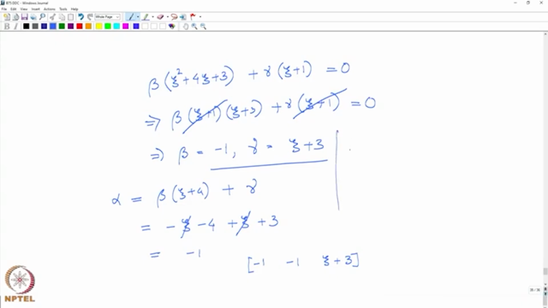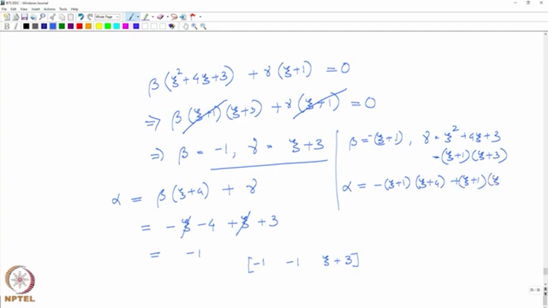Suppose I take beta to be minus xi plus 1 and gamma to be equal to xi squared plus 4 xi plus 3, which is in fact xi plus 1 into xi plus 3. In that case, alpha once again will come out to be minus xi plus 1 times xi plus 4 plus xi plus 1 times xi plus 3.